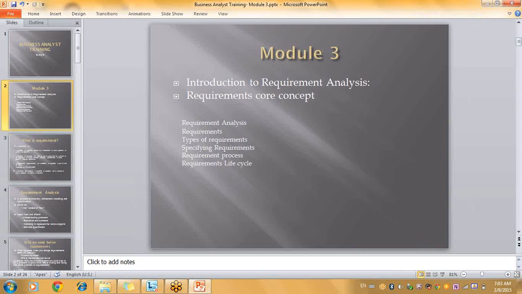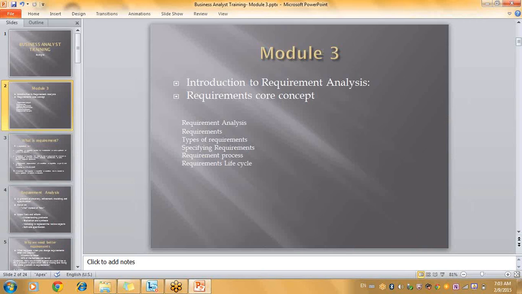Starting from this module, these are the things which we as a business analyst deal with: how we take requirements, how we gather, how we analyze requirements, how many types of requirements we have, how do we specify them, how we differentiate them, right? What is a requirement life cycle? This is the main thing as a BA we deal with.